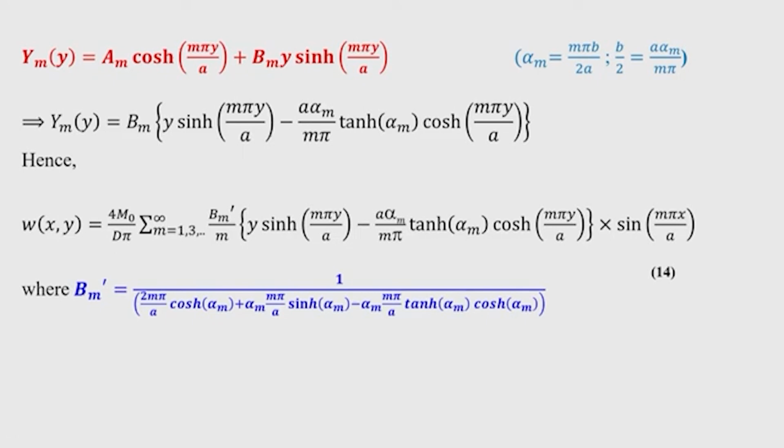Capital D involves the Young's modulus of elasticity and the Poisson ratio of the plate. So, these two values are important to calculate the deflection of the plate, as well as the dimensions of the plate, A and B, which should be known. The thickness of the plate is also important to find the flexural rigidity of the plate.